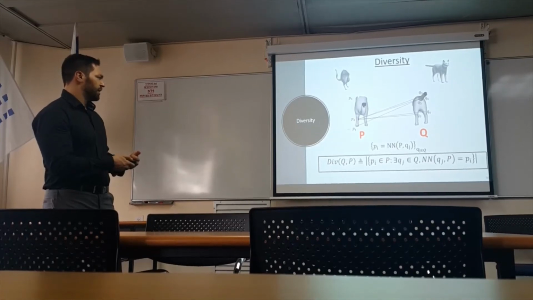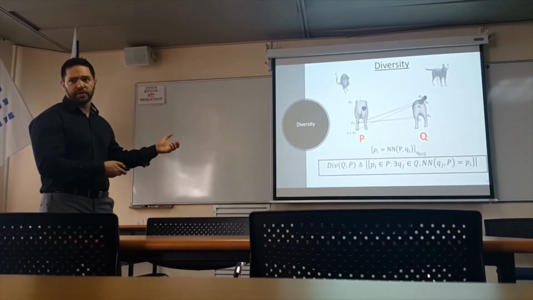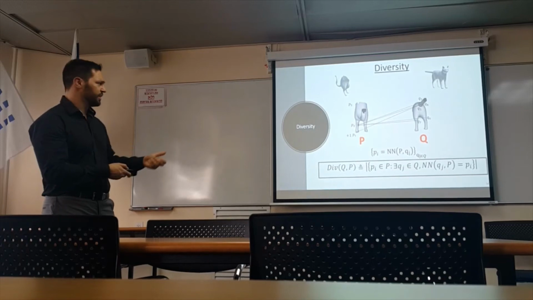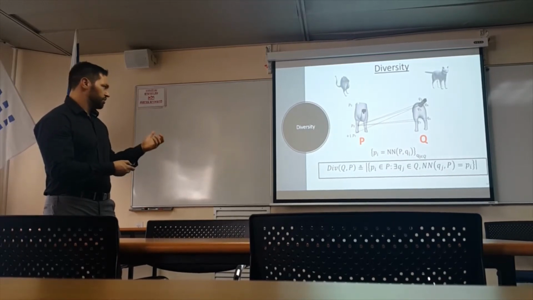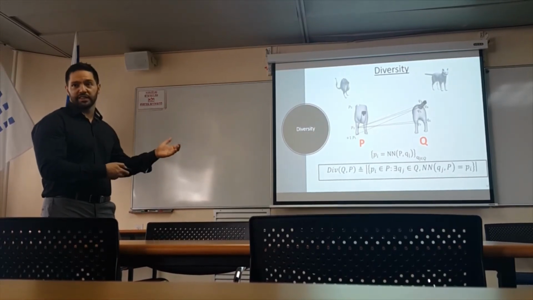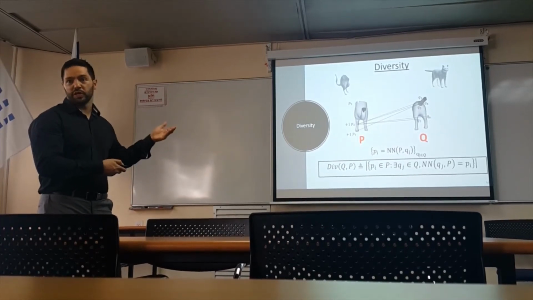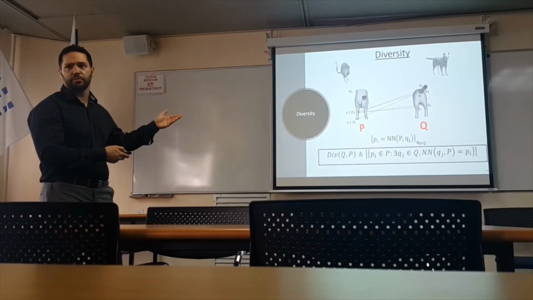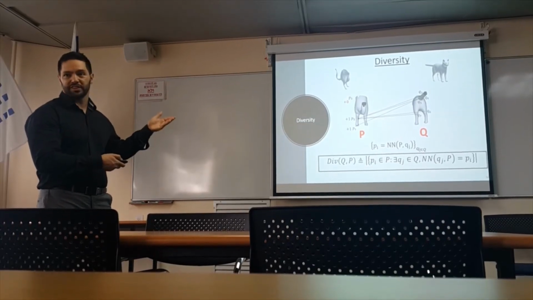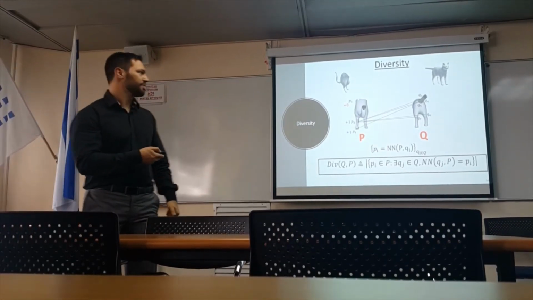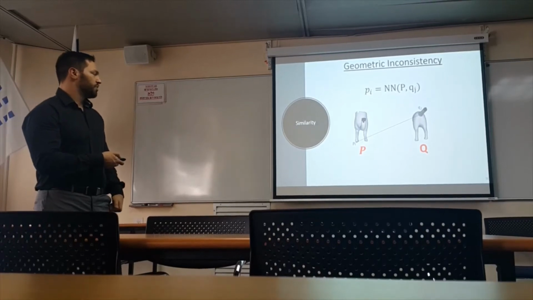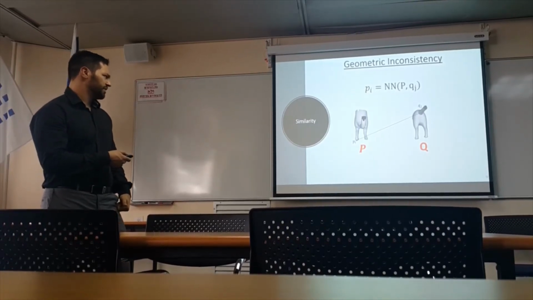So here, P1 has an arrow pointing to it. It will add 1 to the diversity. P2 has 4 arrows pointing to it, but we are only interested that it is pointed to at all. So this is +1 to the diversity, and P3 has nothing pointing to it, so 0 contribution to the diversity. What about geometrical inconsistency? How do we measure it?